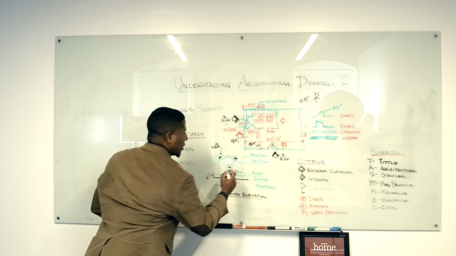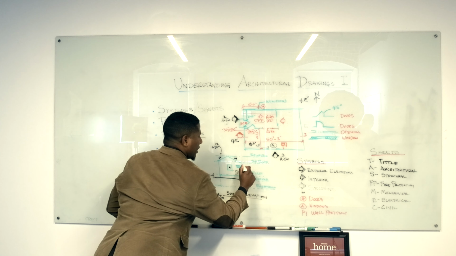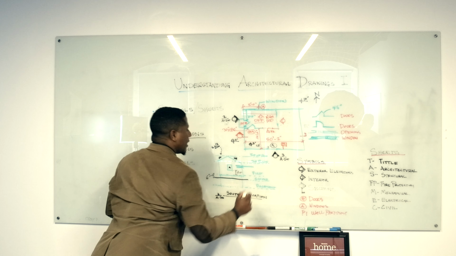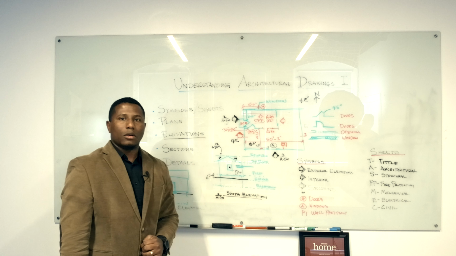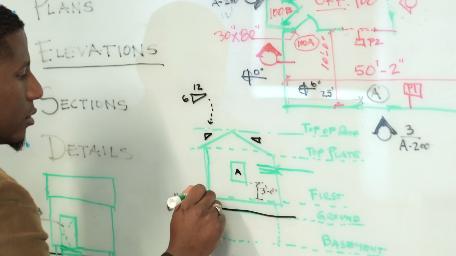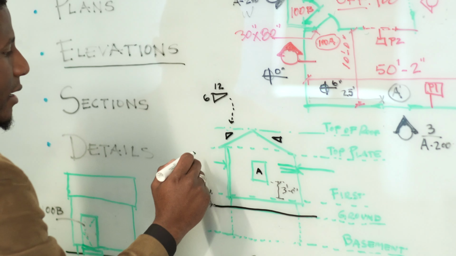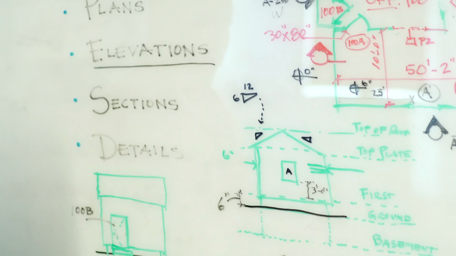So for example, if you have siding, you will get information about that siding. Hey, I'm trying to do a clapboard, or I have a trim on the corner that is, let's say, 6 inches.